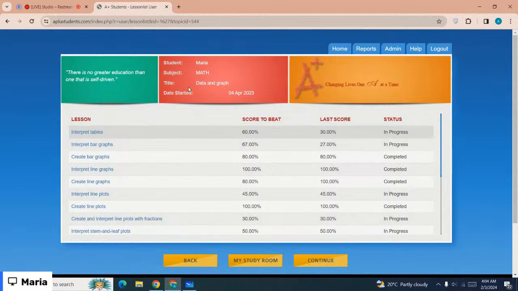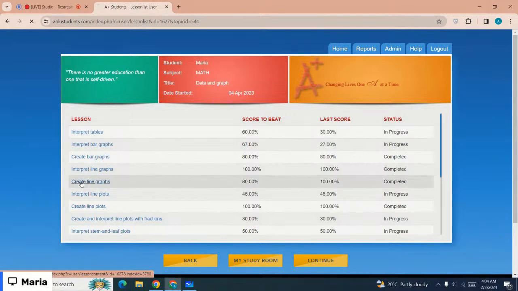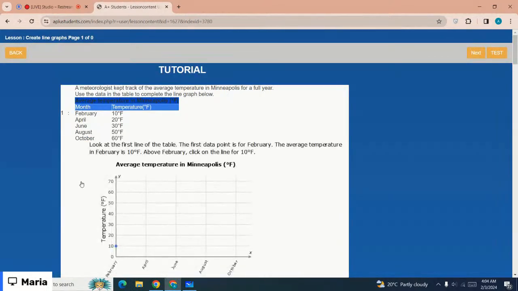Here I'm on grade 8 math. We're working on the chapter data and graphs. Let's just start with the first lesson, that is create line graphs. Okay, let's just start with the first example. A meteorologist kept track of the average temperature in Minneapolis for a full year.